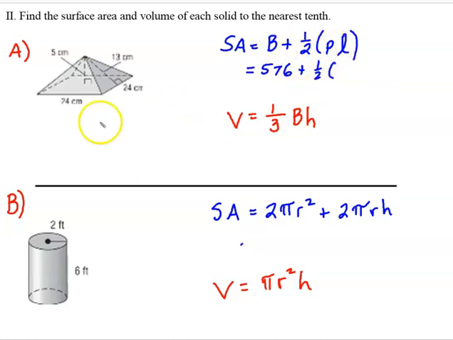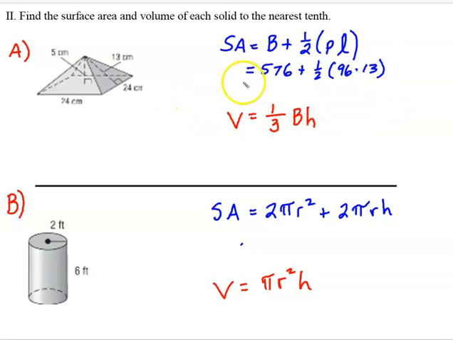The P stands for perimeter of the base. And so that's 24 times 4, which is 96, times the slant height. And if you notice, there's an arrow pointing at this dotted line, and that represents the slant height, and that's going to be 13.